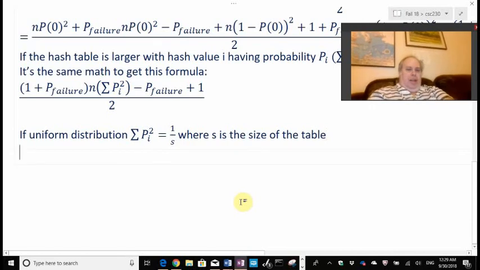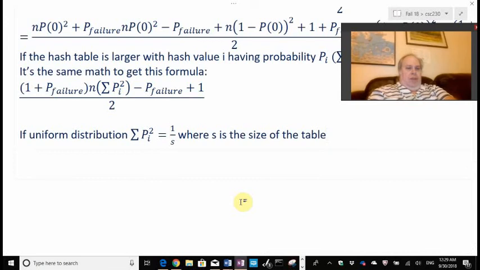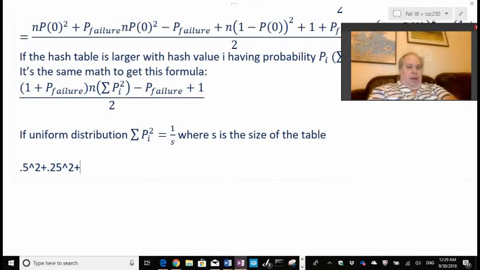It's fairly near. So let's run through an example. Let's say we have a 3-item hash table, and instead of having 1/3, 1/3, 1/3, we have 0.5 squared, and the other two are 1/4 squared. Now, a perfect hash would give us 1/3.